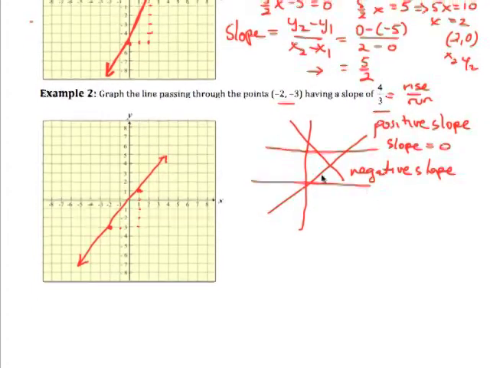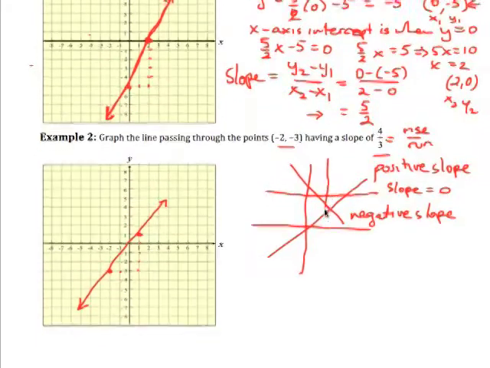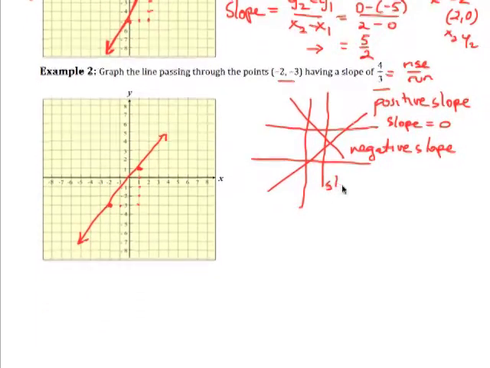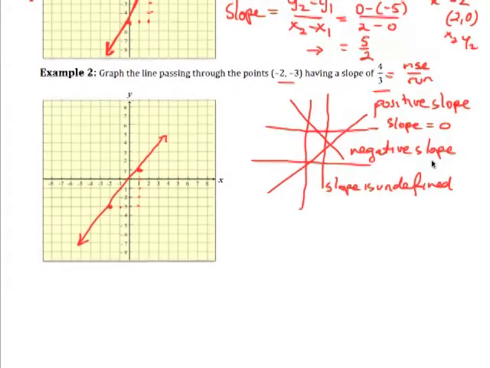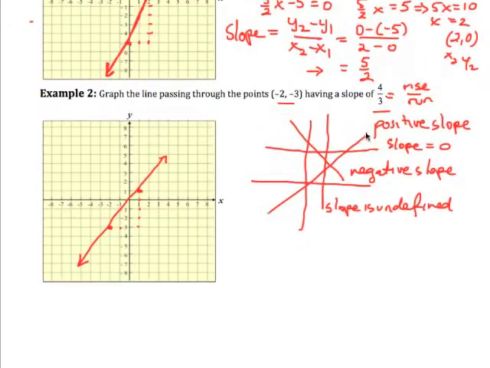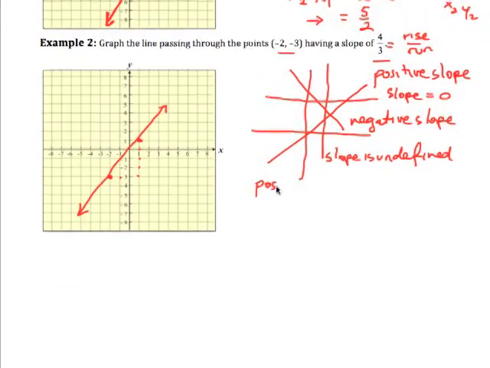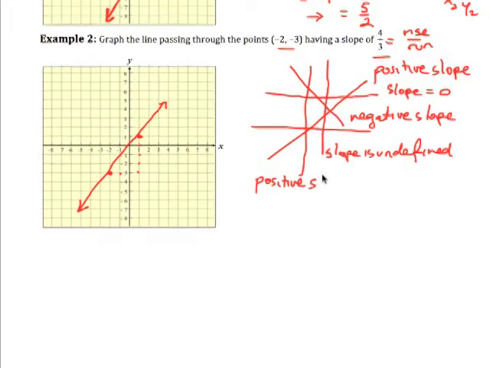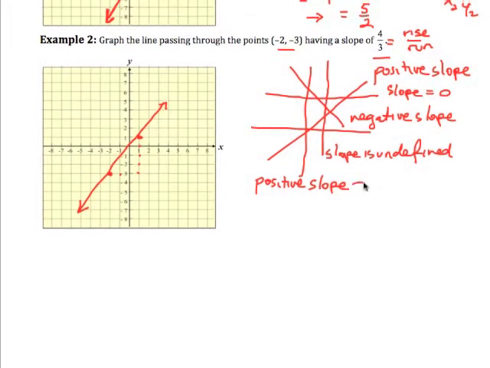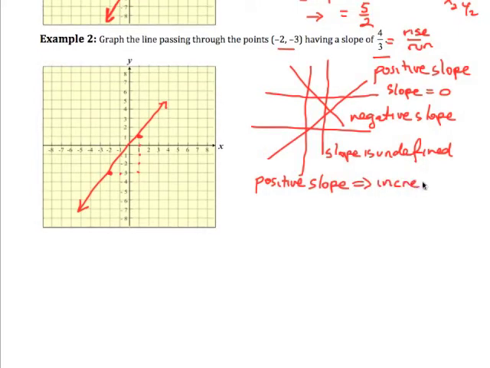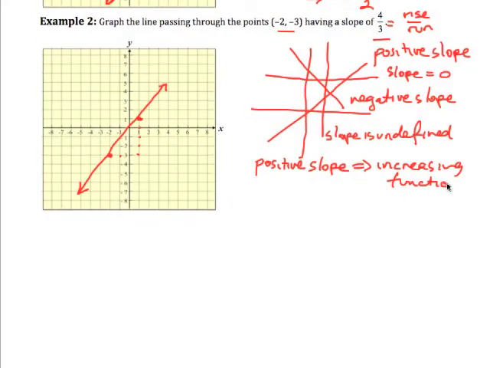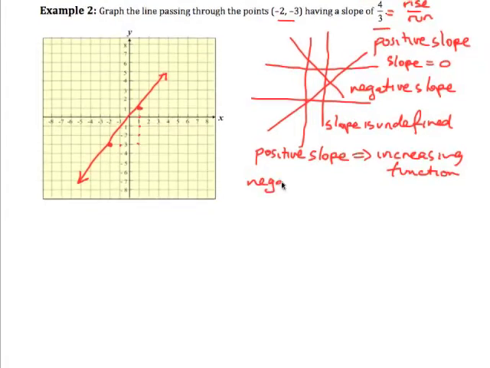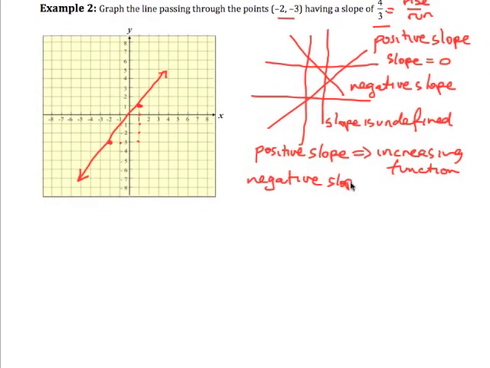Okay, and whenever we have a vertical line like so, then the slope is undefined. Now another thing to keep in mind is if it's a positive slope, then it's rising to the right, and that implies then that we have an increasing function. If we have a negative slope, this will imply a decreasing function.